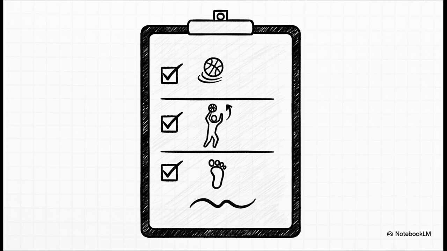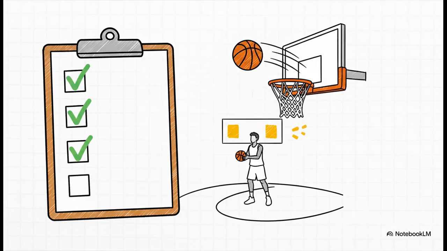Second, had the player started that upward shooting motion? Third, did they only take that one allowed continuation step or pivot? And finally, was the shot released as part of that single fluid motion? If the answer is a clear and immediate yes to all 4 of those questions, then the call is actually simple, and it's the right one. The basket counts, and that player is heading to the free throw line with a chance to win the game.